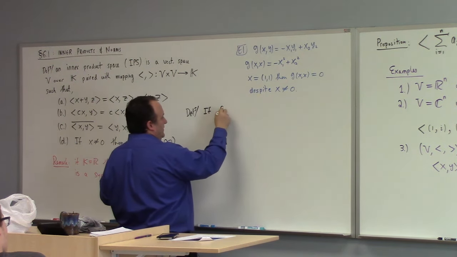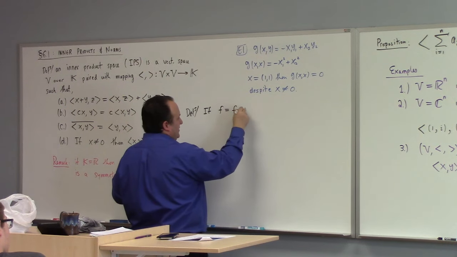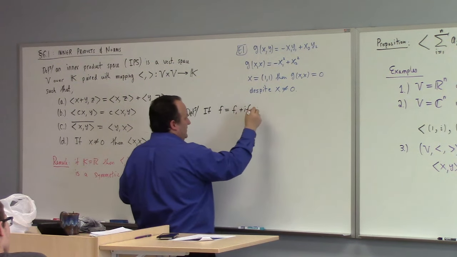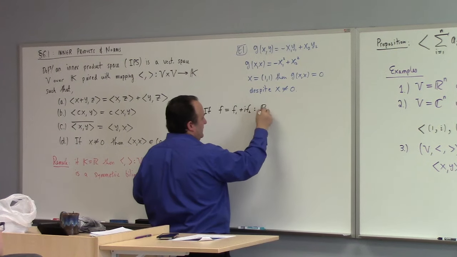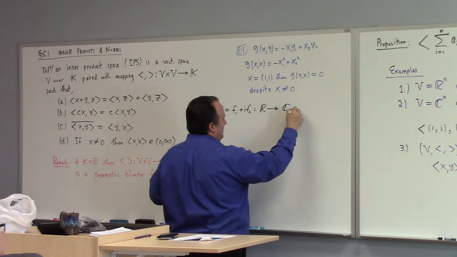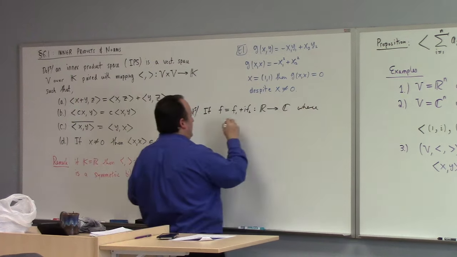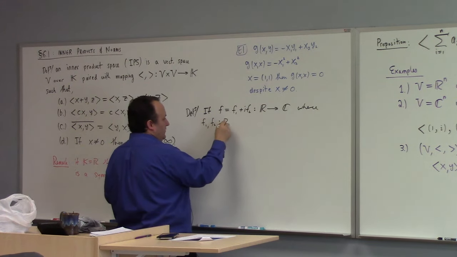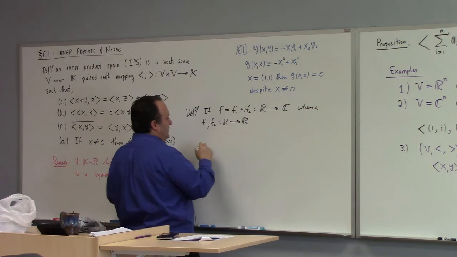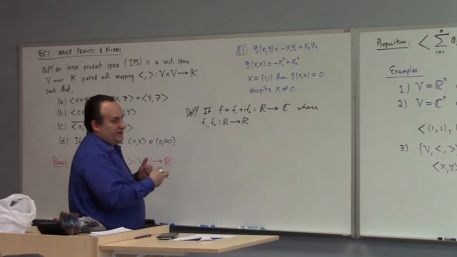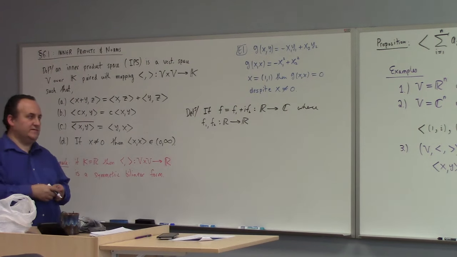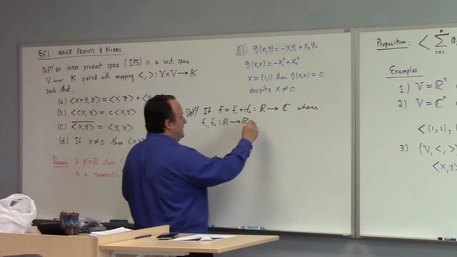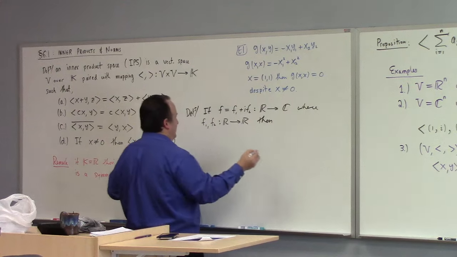If f equals f1 plus i f2 is a mapping from the reals to the complexes, where f1 and f2 are actually mappings from the reals to the reals, so in other words, f1 and f2 are the real and imaginary component functions of f, then how do we do calculus on such things?